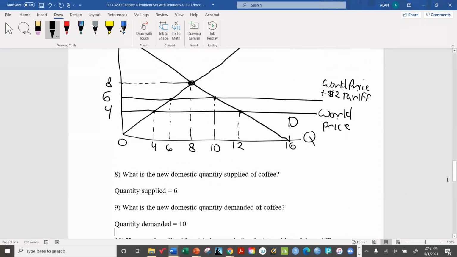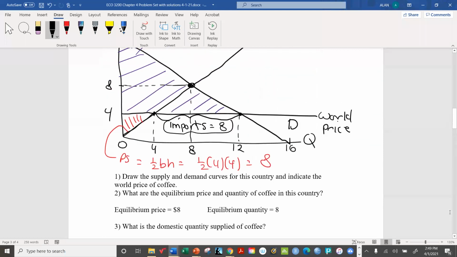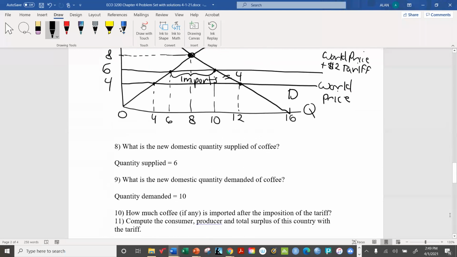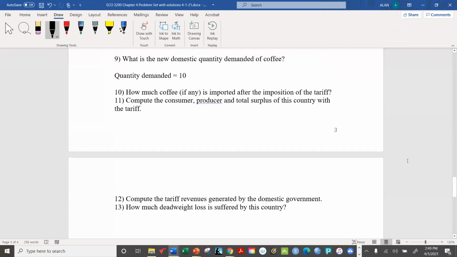All right, well, we'll continue to import coffee, just not quite as much. Right here, you can see the spread between the quantity demanded and the quantity supplied. These are the imports, and these imports equal 4 million pounds, okay, down from 8 up here. Okay, so we have 4 million pounds worth of imported coffee.